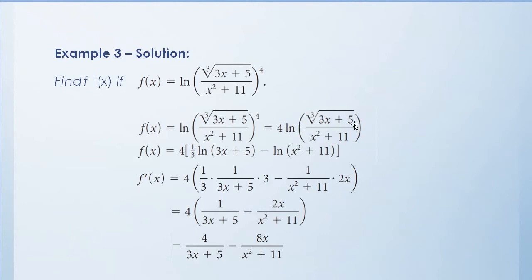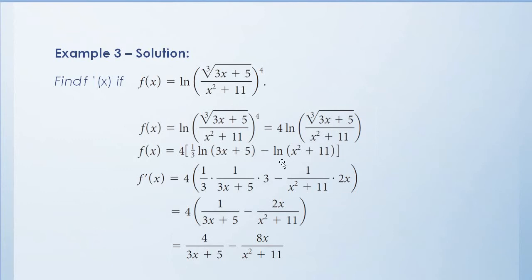Since there is ln and divide, we keep the 4. Since there is cube root, 1 over 3 ln(3x+5). And since there is divide, that means minus ln of the denominator, which is ln(x squared plus 11).